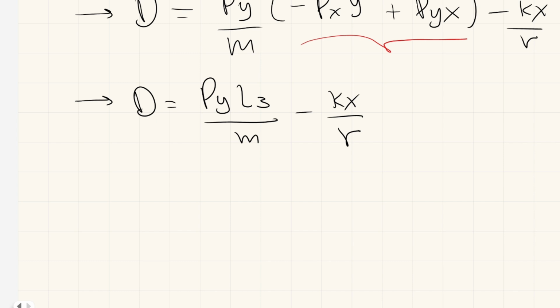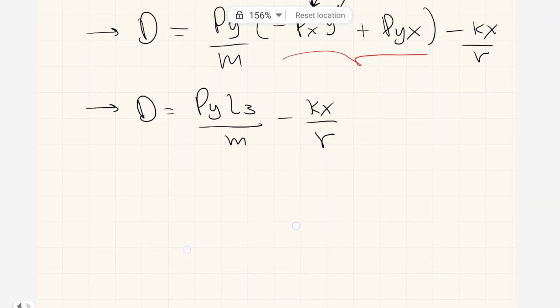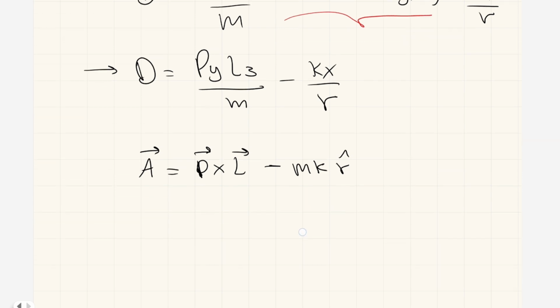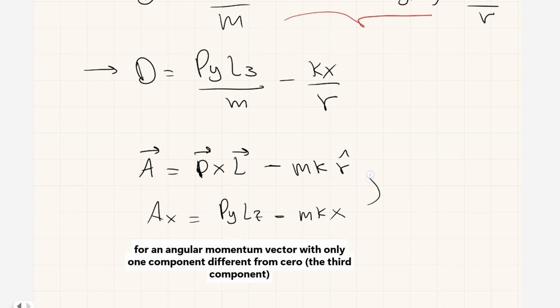We work with it, we defined it, and that vector is defined as A, that is equal to p cross the angular momentum, where p is of course the linear momentum, and then minus m k r. And as you can see, we are first taking the x component, that is py Lz minus m k x. This is the x component of this vector.